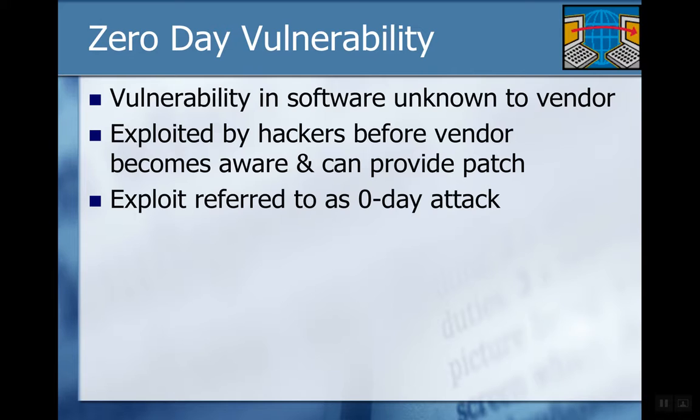The concept of a zero-day vulnerability. You may have heard this before. As vulnerabilities are identified, because vulnerabilities are checked on an ongoing basis, there is a period of time between when the vulnerability is identified, when it is patched, and when it is announced that the patch is out there.